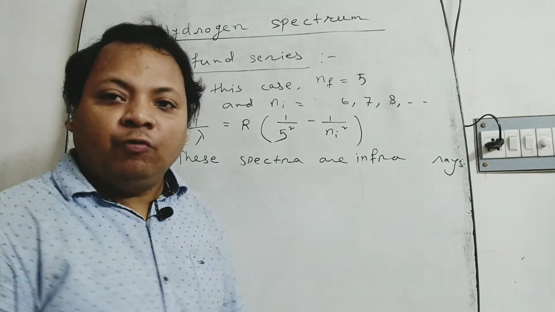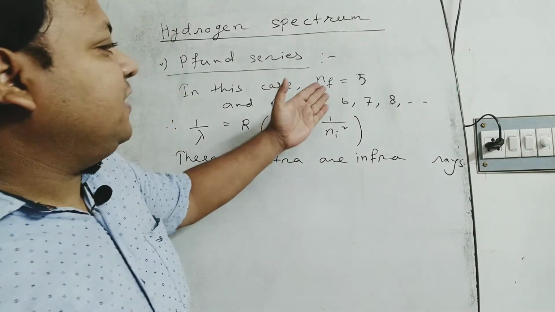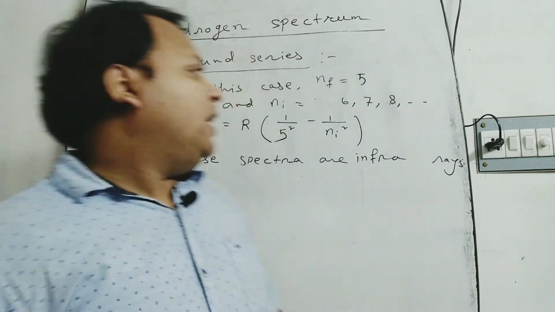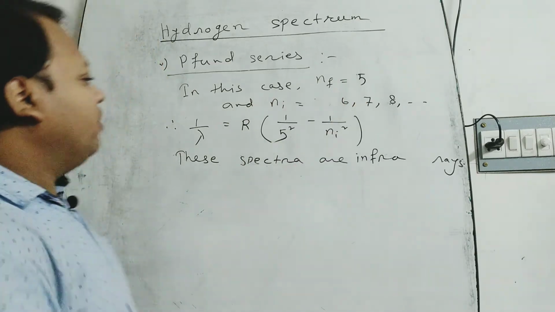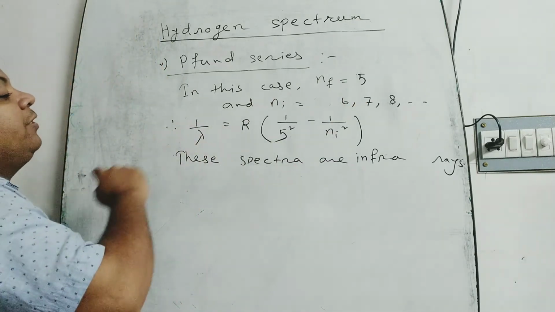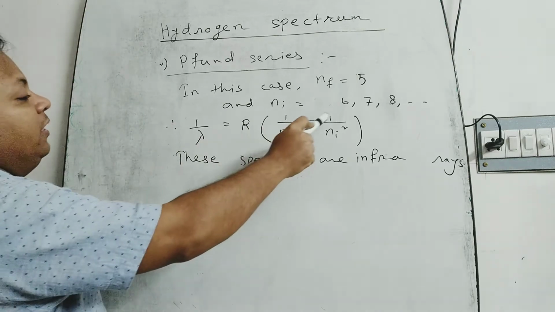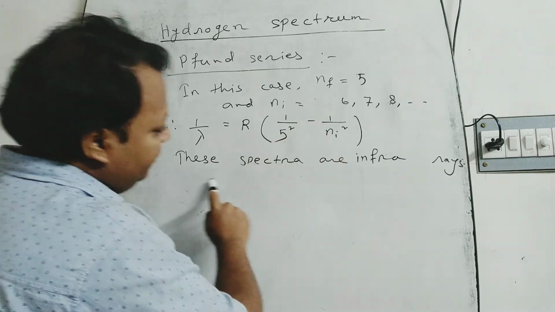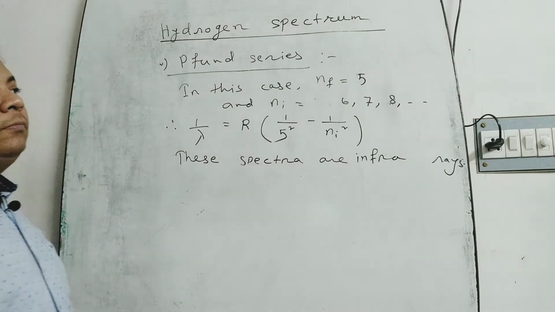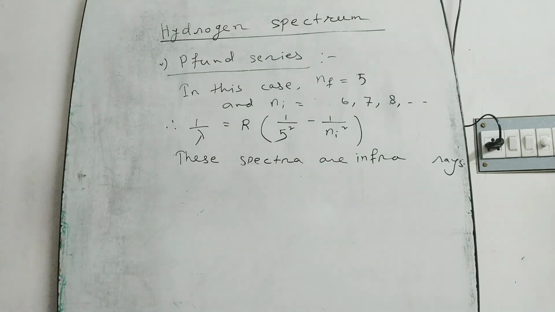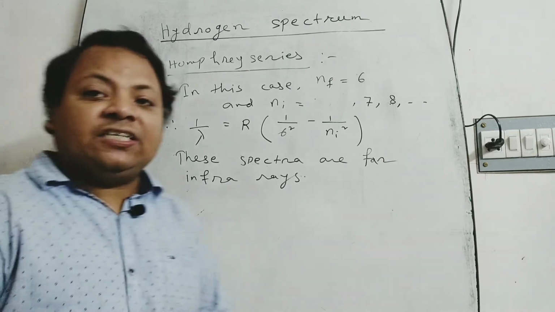Next, Pfund series. In this case, Nf is equal to 5 and Ni is equal to either 6 or 7 or 8. Therefore, 1 by lambda is equal to capital R into 1 by 5 square minus 1 by Ni square. These spectra are also infrared. Next, Humphreys series.